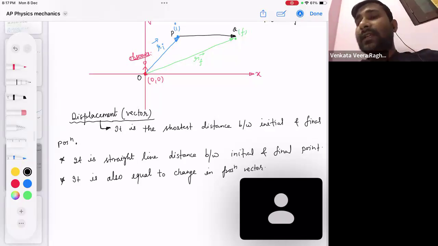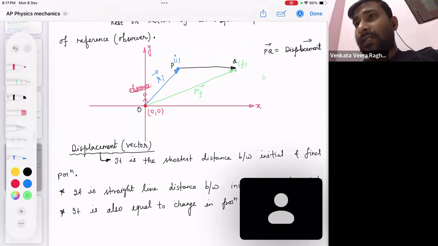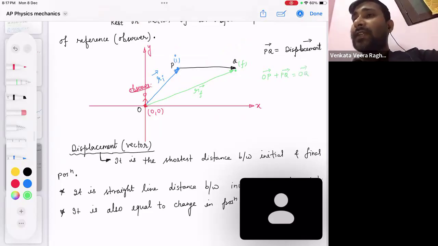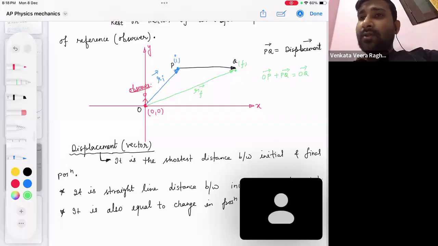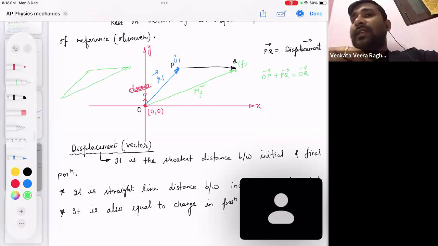See that. Apply the triangle of vector addition. Can you write OP vector plus PQ vector equal to OQ vector? OP vector is the first vector, PQ vector the second vector, and OQ vector must be the resultant vector.